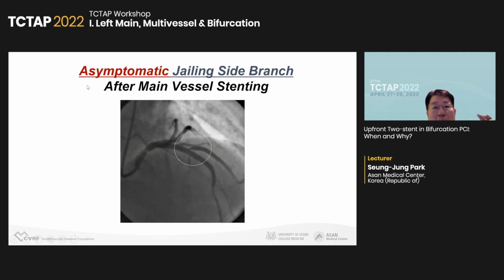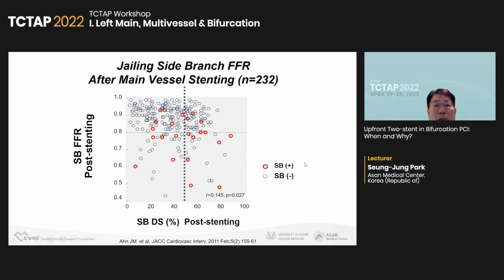With that, another case is asymptomatic jailing of a big side branch after the main stent procedure. If you look at the jailed side branch after the main vessel, even with a high degree of angiographic percent compromise, more than 72% of cases have negative FFR.